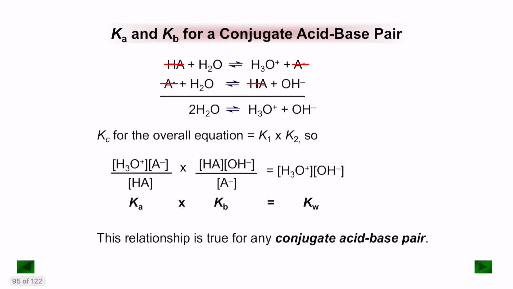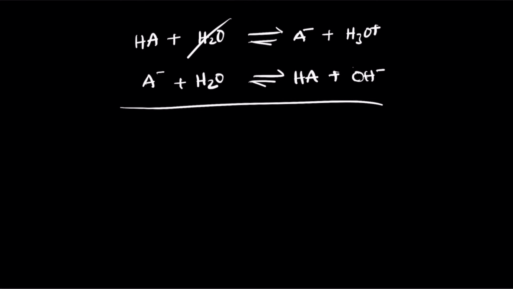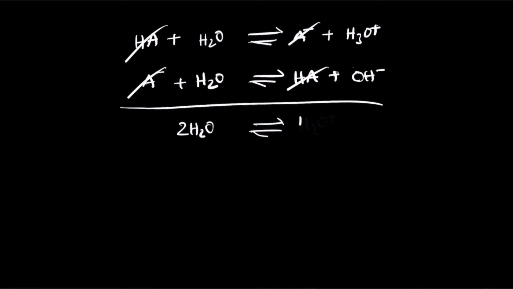Now let's find the relationship between Ka and Kb. Notice the reactions right here. Let's take the acid dissociation reaction, which is HA plus H2O gives A minus plus H3O plus. Adding the base reaction, A minus and HA cancel, and the reaction looks much more familiar.